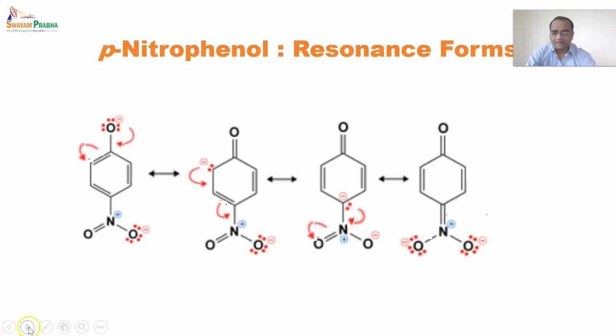And again it will reverse the cycle and donate electrons towards nitrogen and oxygen, and it will form a double bond, after which the bond between carbon and nitrogen will break and form a new bond between these two carbons.